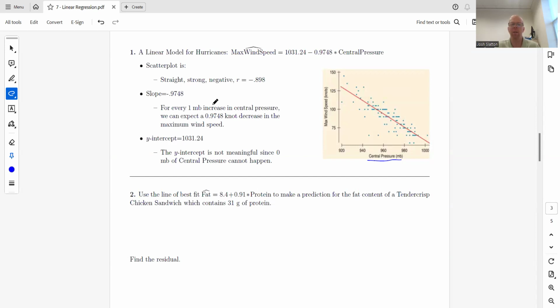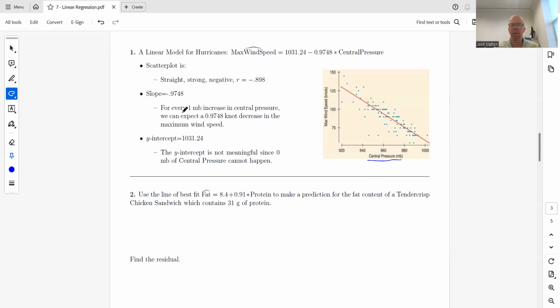We're just trying to understand what the slope is telling us and what the y-intercept is telling us. So it doesn't really matter even if you don't know what central pressure is exactly, or what MB stands for, you can still interpret this because we're just following a format to interpret the slope. Slope is the important thing, not necessarily the particulars of what the data is measuring.